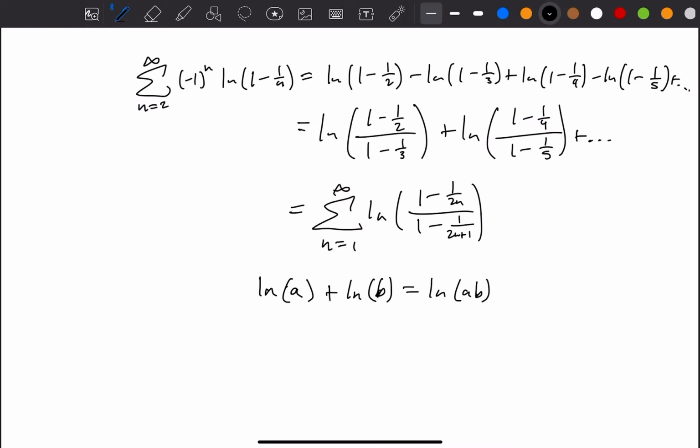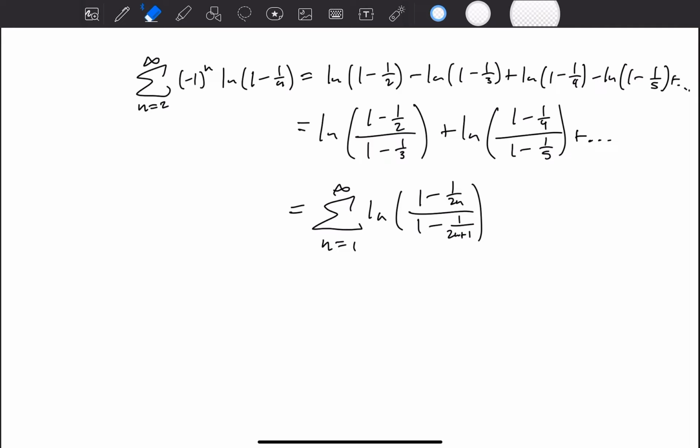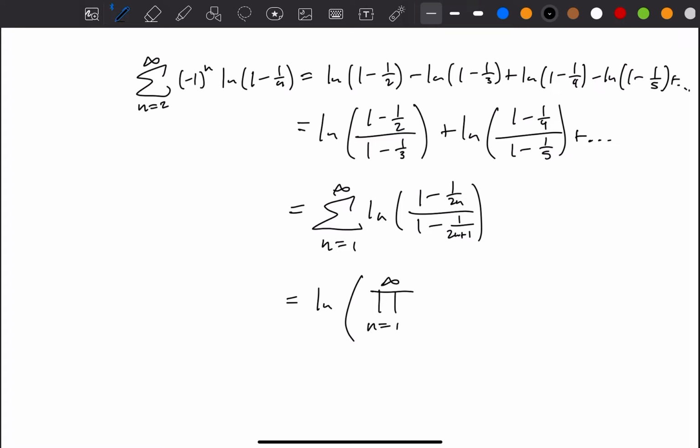And this is just for when you have 2, but you can pretty much use this to show that it holds for infinite summations, assuming everything's nice, which is a really vague way of saying I don't feel like figuring out exactly when that's true, but okay. So we can turn this into the natural log of this infinite product from n equals 1 to infinity of (1 minus 1 over 2n) over (1 minus 1 over 2n plus 1).